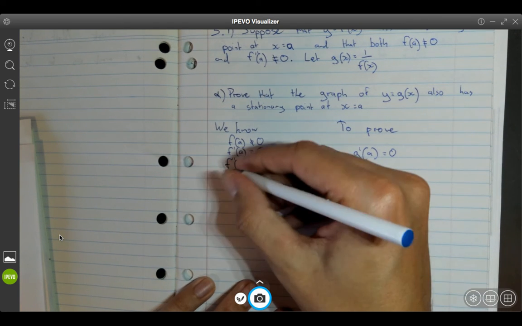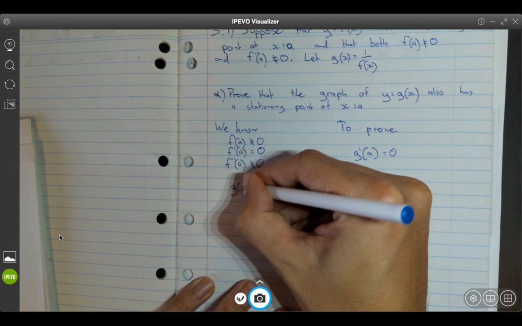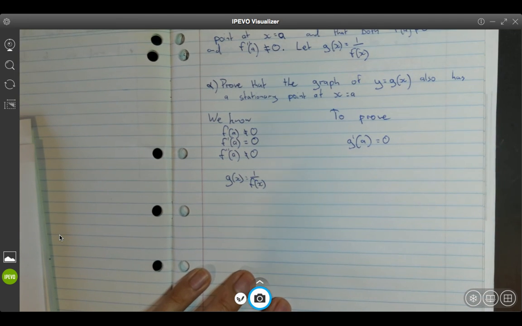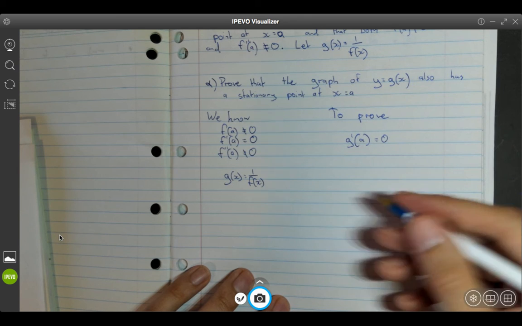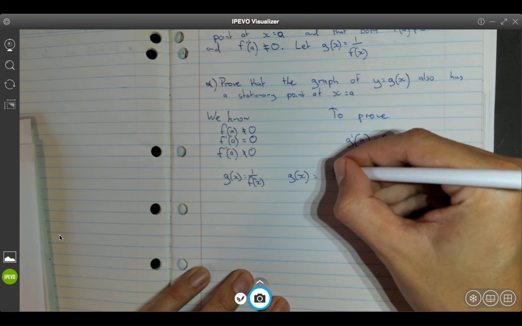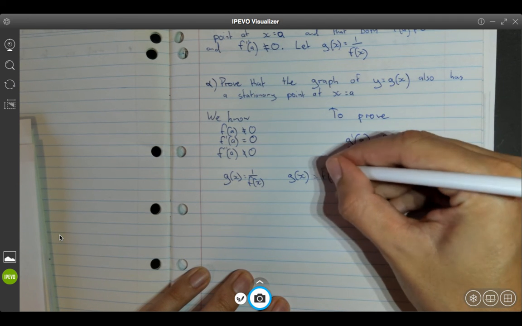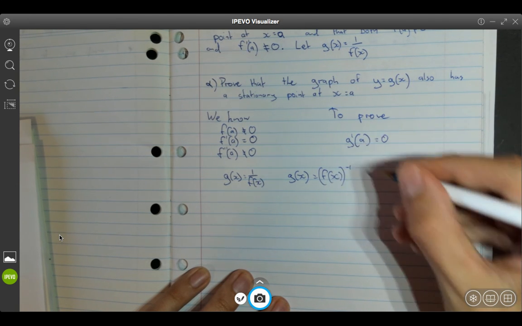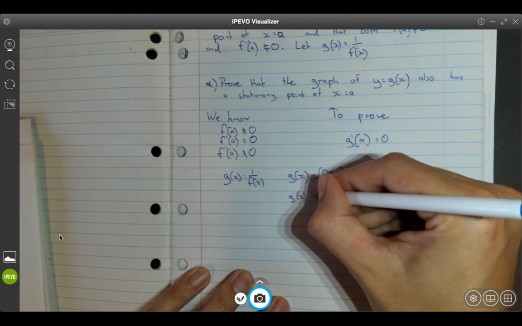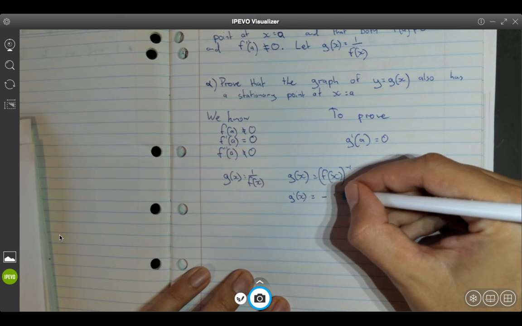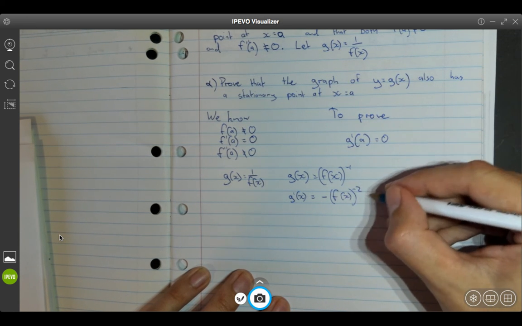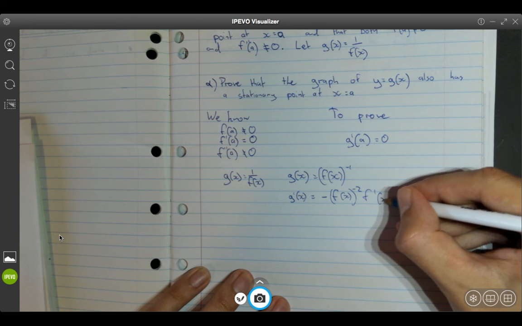So let's take our function, g of x equals 1 over f of x, and let's put it in a form where we can use the chain rule, make it a little bit easier. G of x equals f of x all to the power of minus 1. So then we can go g prime of x equals minus f of x to the power of minus 2 times f prime of x.